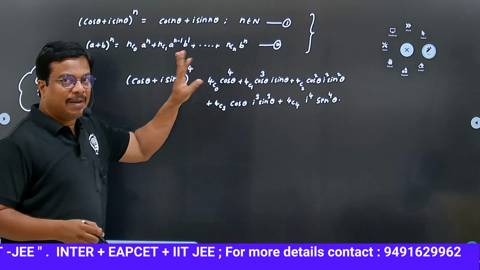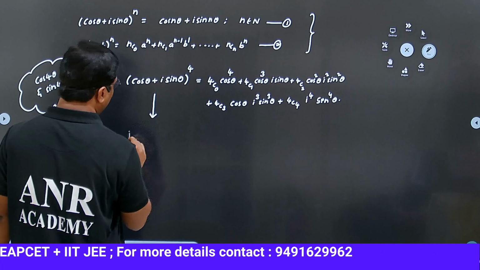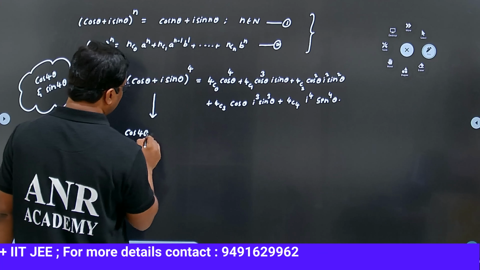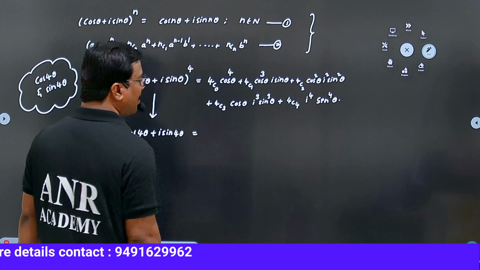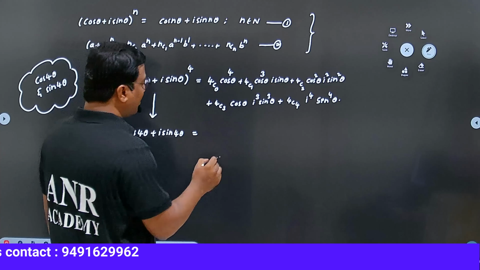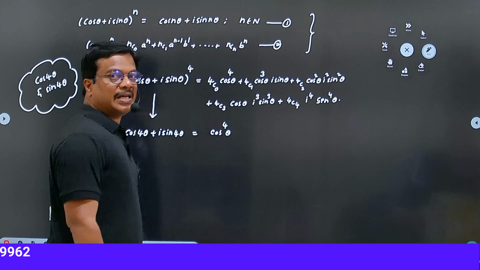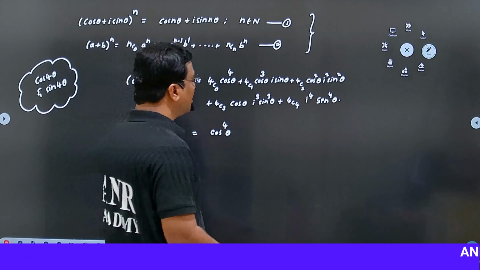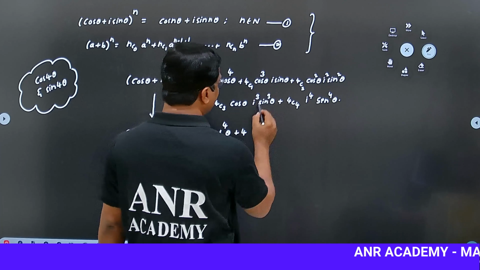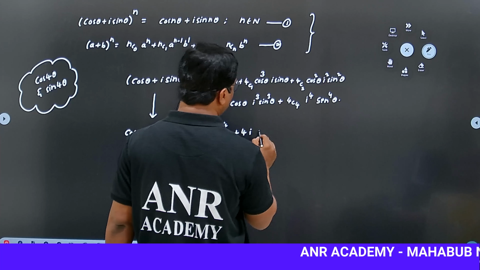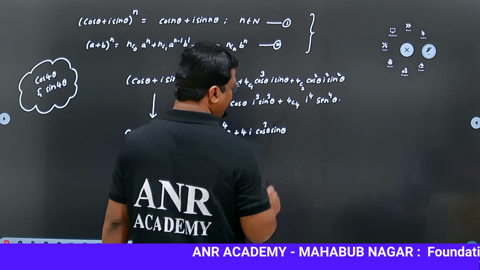This is by binomial expansion, and using De Moivre's theorem it is actually cos 4 theta + i sin 4 theta. 4C0 value is 1, so the first term becomes just cos^4 theta. Next, 4C1 value is 4, and then i is there, cos^3 theta sin theta.